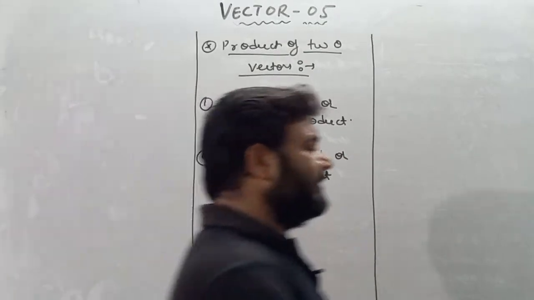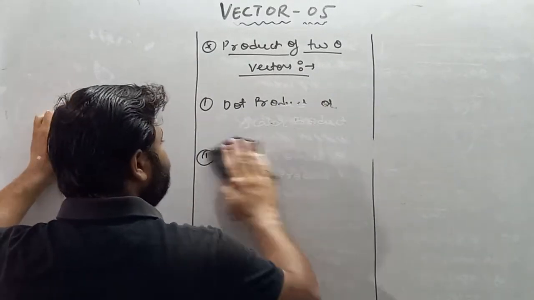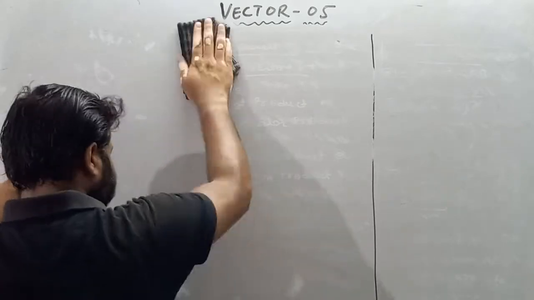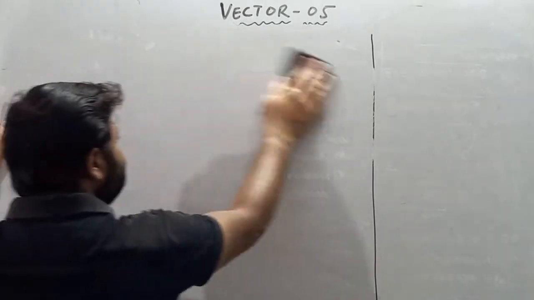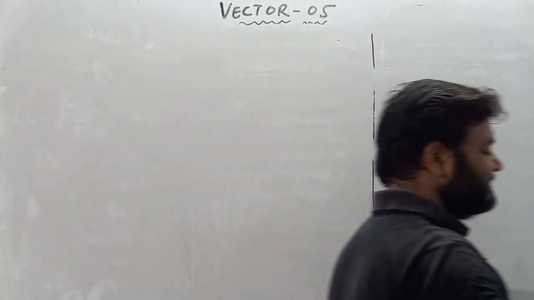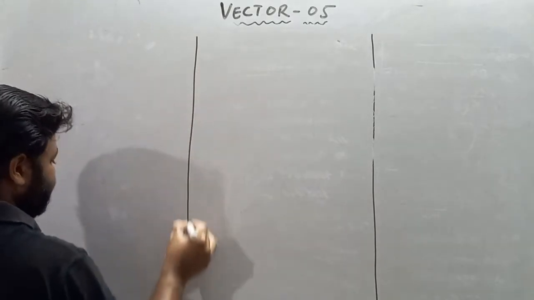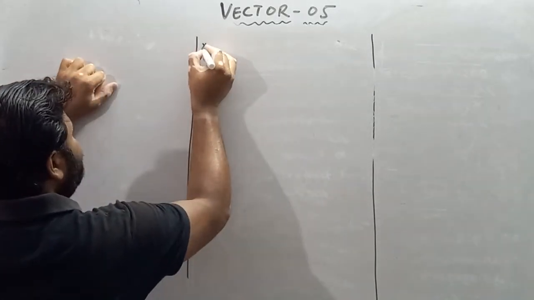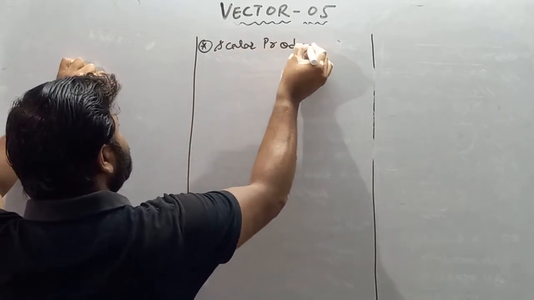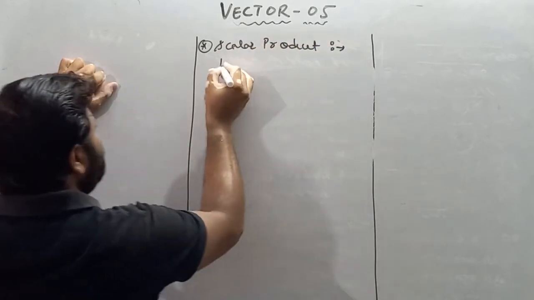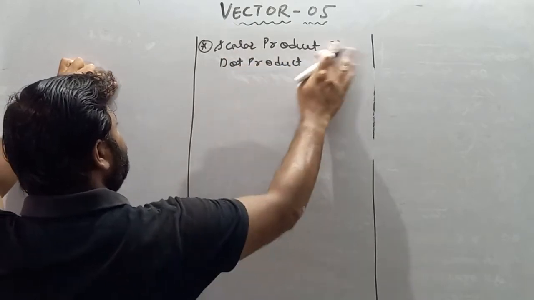So moving forward, we'll discuss one by one. First we'll discuss dot product, which is also called scalar product. So write down a new heading: scalar product. Scalar product, which is also called dot product. Why do we say this is dot product?